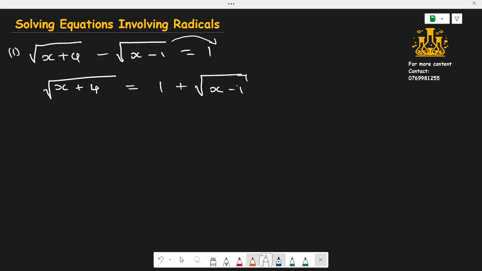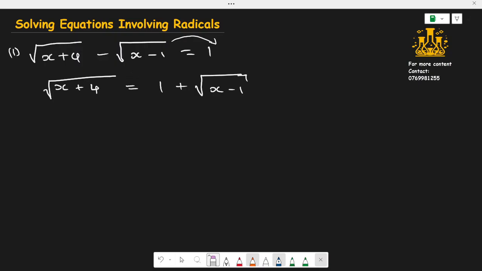I'm not saying you can't solve it when this one is on this side, but you just have to be smart about it, because it's a little easier to handle when we isolate one of the radicals on one side and the other part on the other side. It's easier for you to solve when you do that.